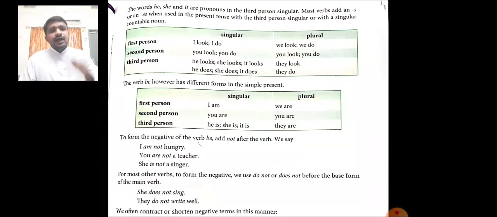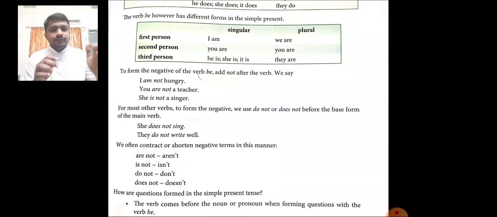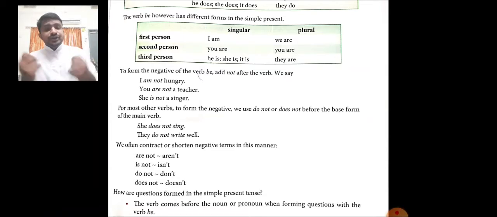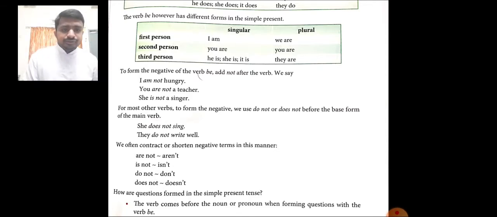For example, I do not sing, you do not sing, he does not sing, she does not sing, they do not sing. So if third person singular comes, you need to use does not. Now instead of does not, you can use doesn't, do not, don't, is not, isn't, and aren't also you can use.